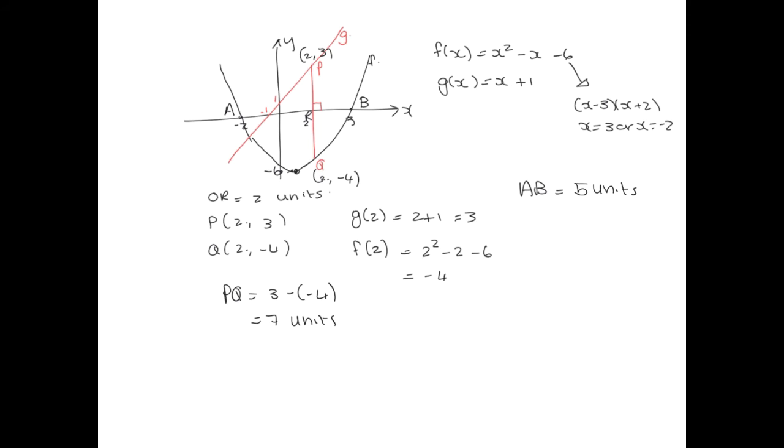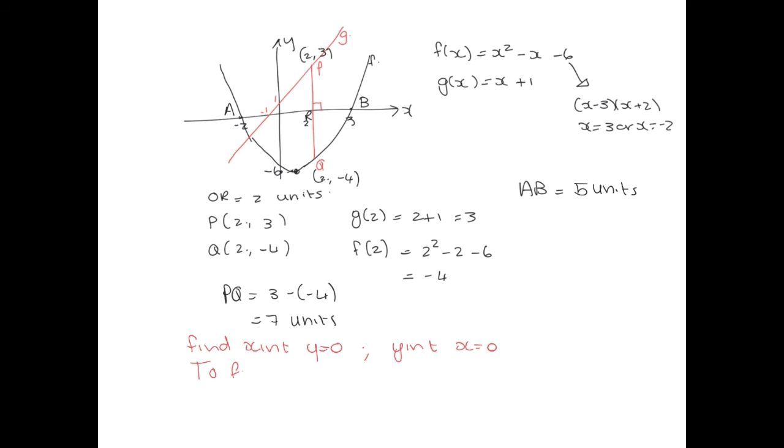Okay, and so often a common question that people ask me is, if I said to you find an x-intercept, you always make y equal 0. To find a y-intercept, you make x equal 0.